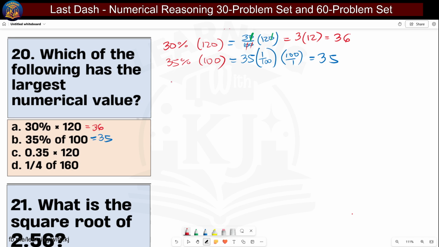And let's go to 0.35% of 100. Okay, again, diniretso ko siya na 0.35, hindi ko napakita. But this is actually, yung 0.35, Ay, yan pala. Okay, 0.35 times 120. Okay, paano ba to?